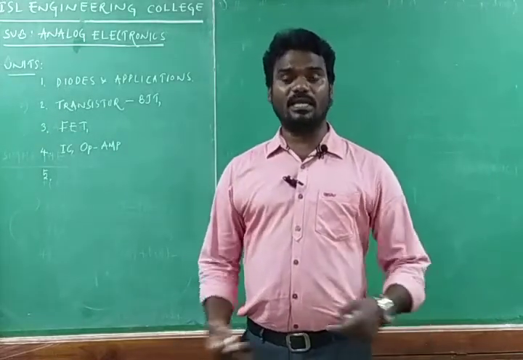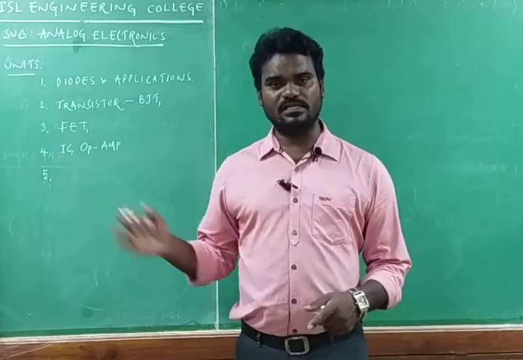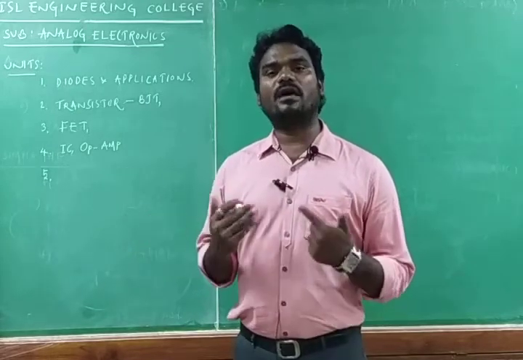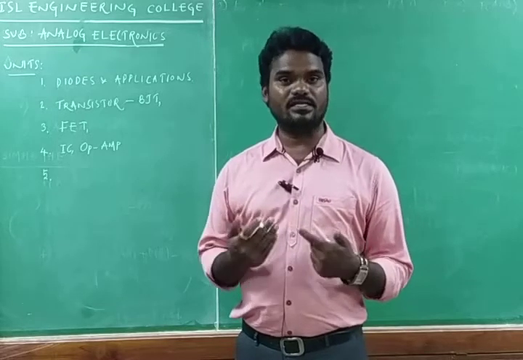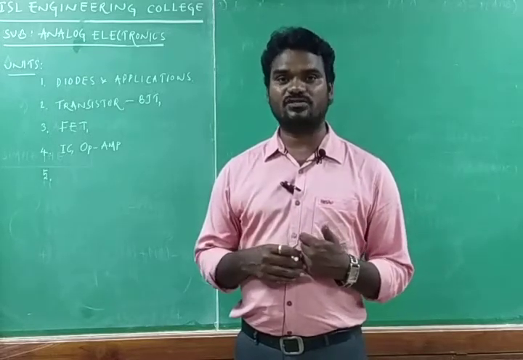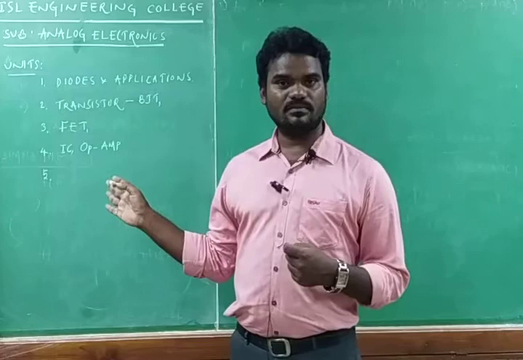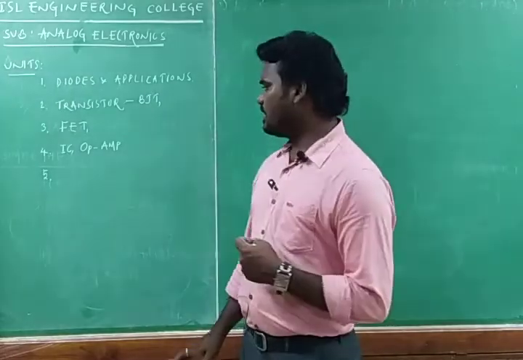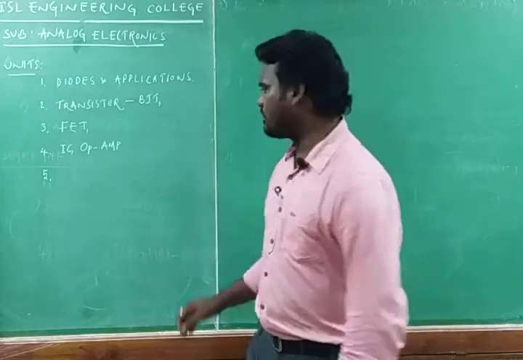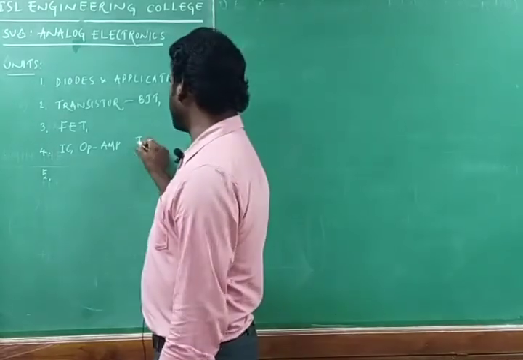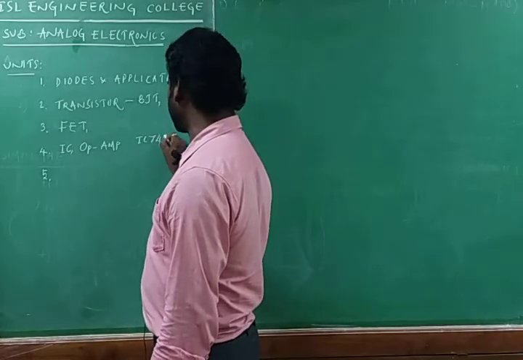It makes some mathematical operations. Along with the amplification, it can perform mathematical operations like integration, differentiation, addition, subtraction. So that operational amplifier we are going to study, the IC number is IC741, we have to discuss.